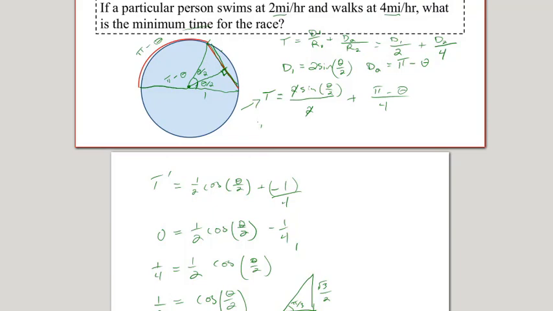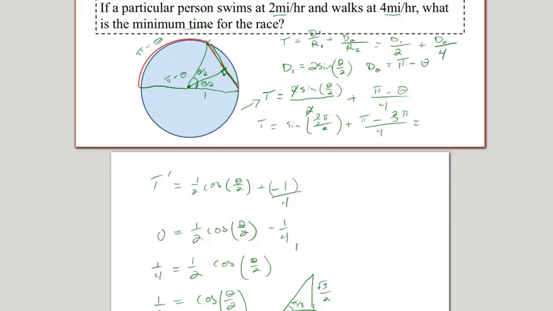So if that's theta, then I can plug theta into my time equation. So t is going to be sine of 2/3 pi over 2 plus pi minus 2/3 pi over 4.